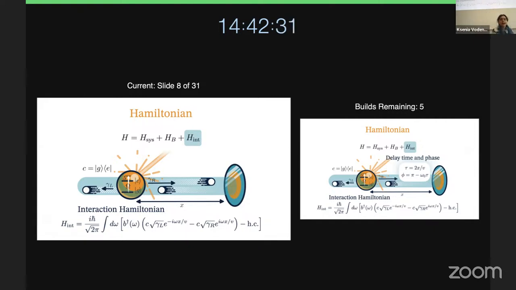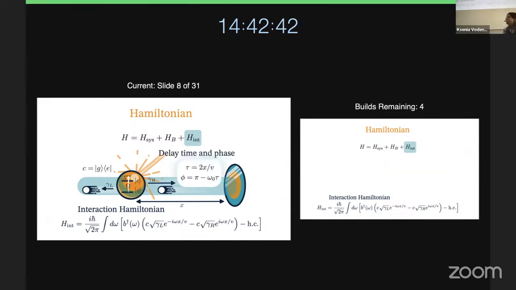Now, I just want to look at this interaction Hamiltonian from a slightly different perspective. For that, we first formally introduce the delay time tau, which is twice the distance between the atom and the mirror divided by the group velocity in the waveguide, and the phase phi, which is the phase that the photon acquires when it propagates to the mirror and comes back to the atom.